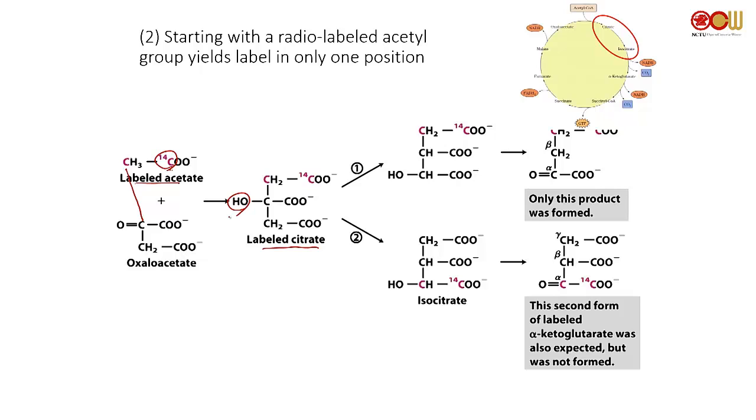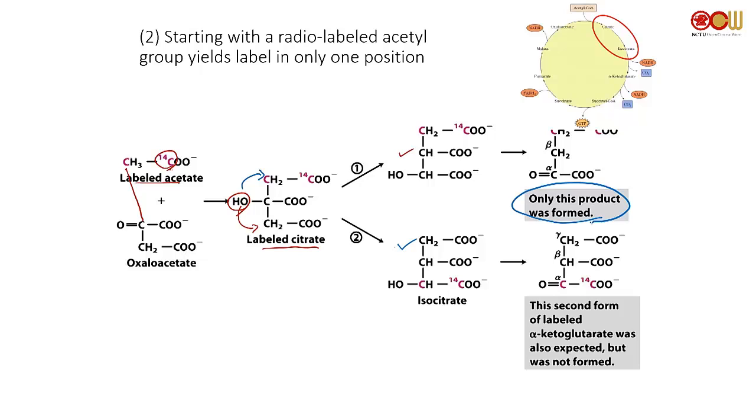Hypothetically, you can have two products. If this goes to here, then you have this. If this goes to here, then you have this. Does that make sense? Where the O goes? Now, it turns out we always only see this product.